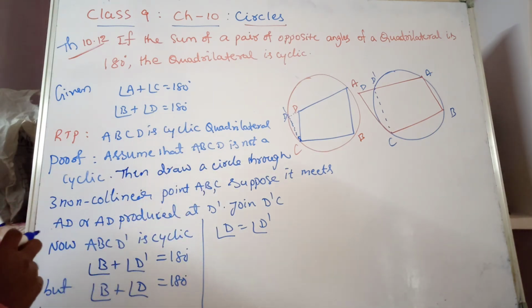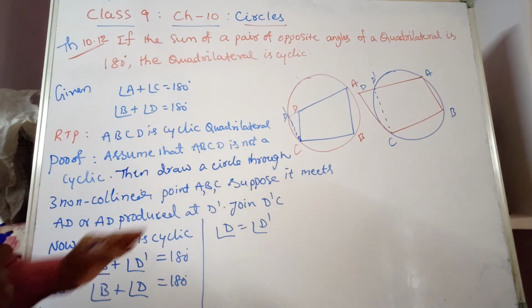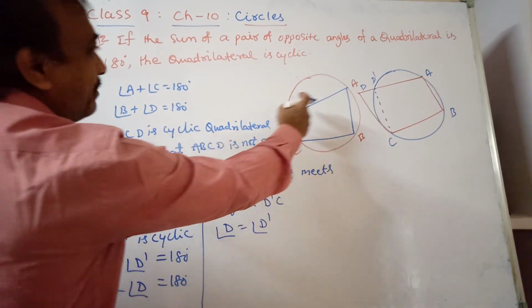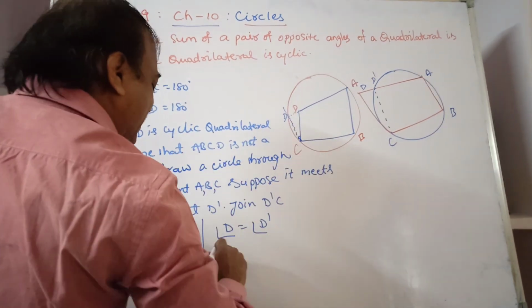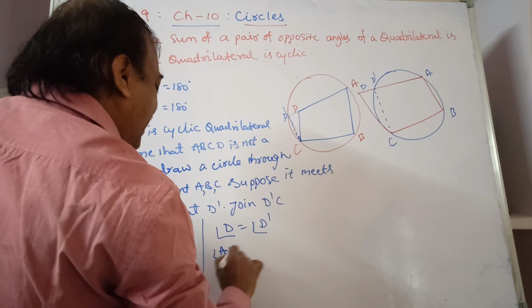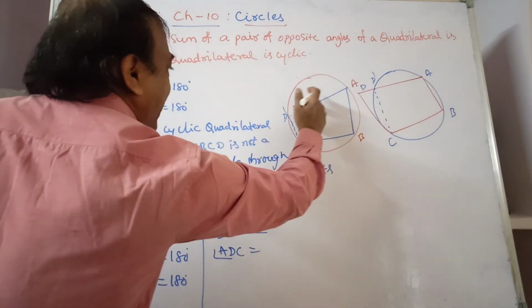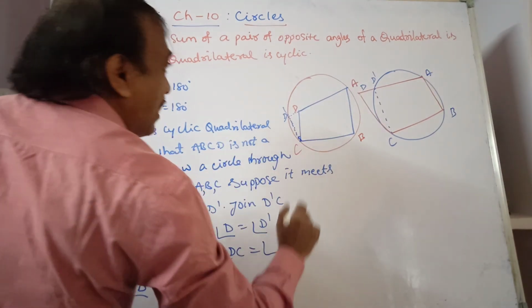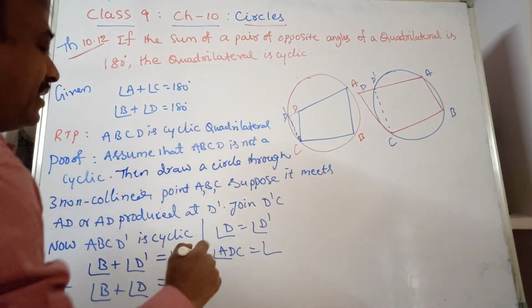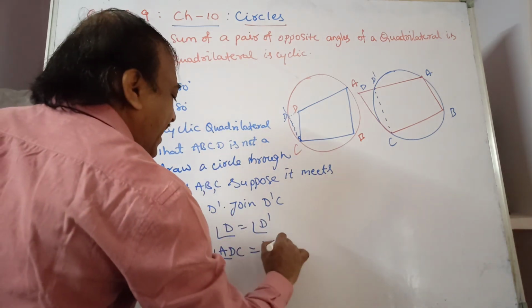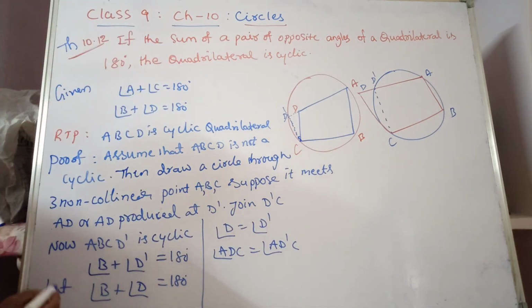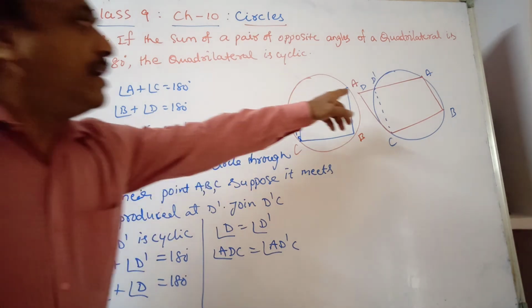What is angle D? Angle D is nothing but angle ADC. But what is angle D prime? That is angle AD prime C. These two angles will be equal.